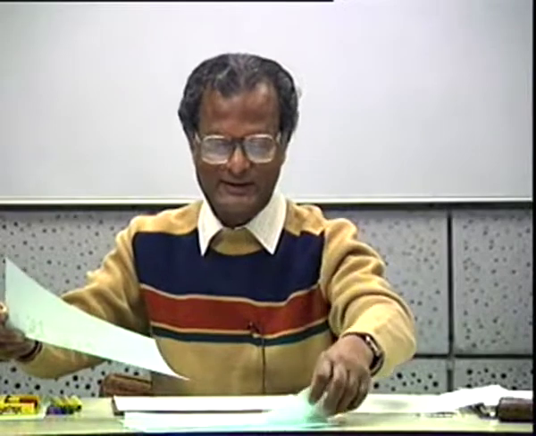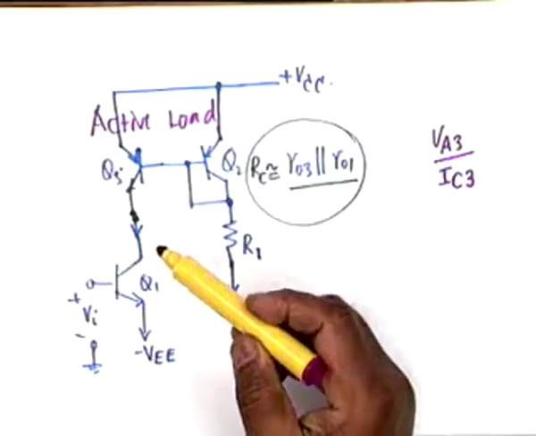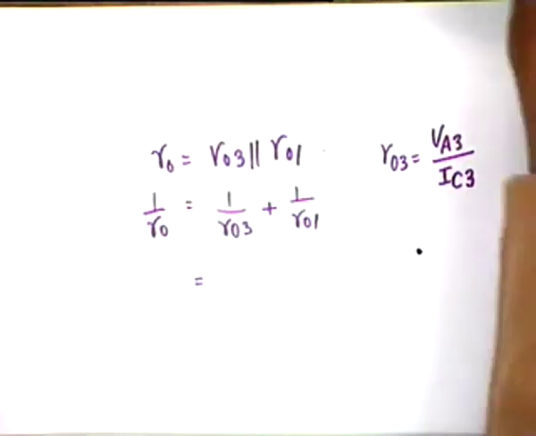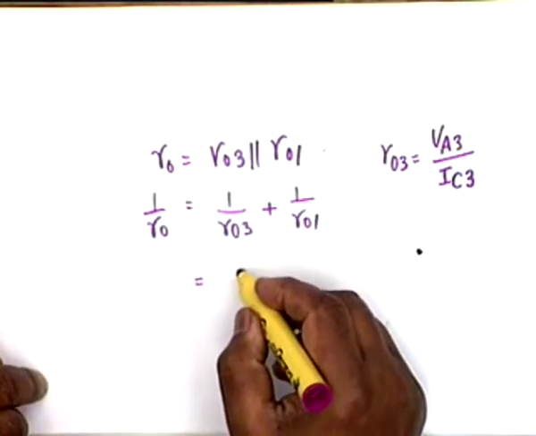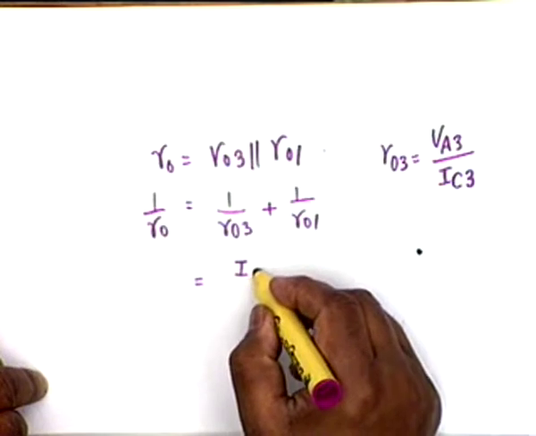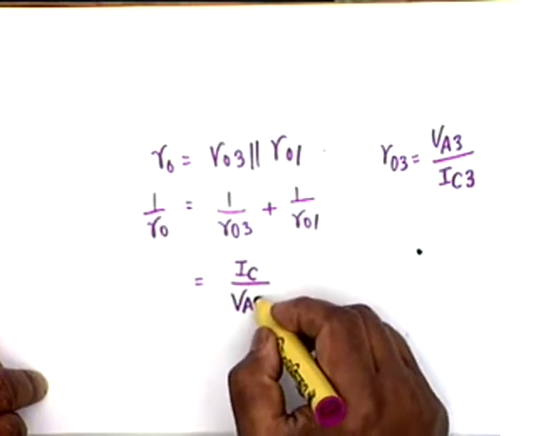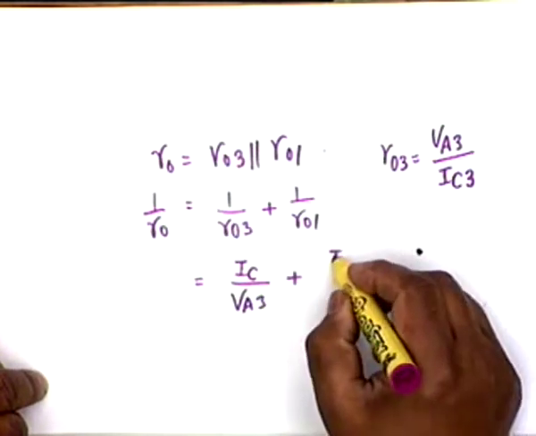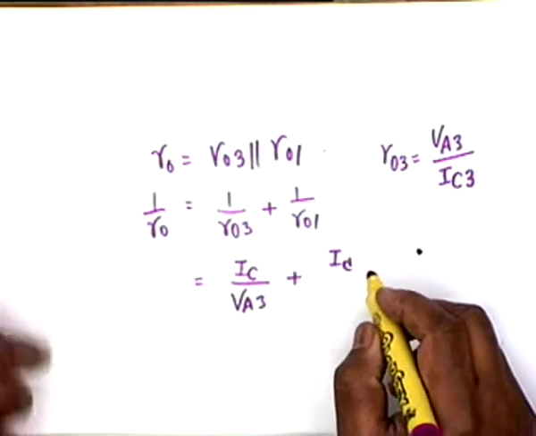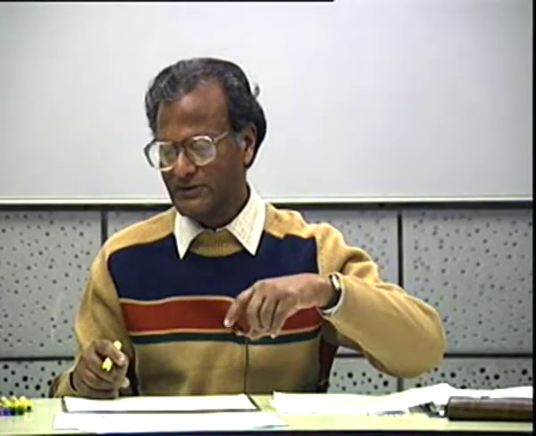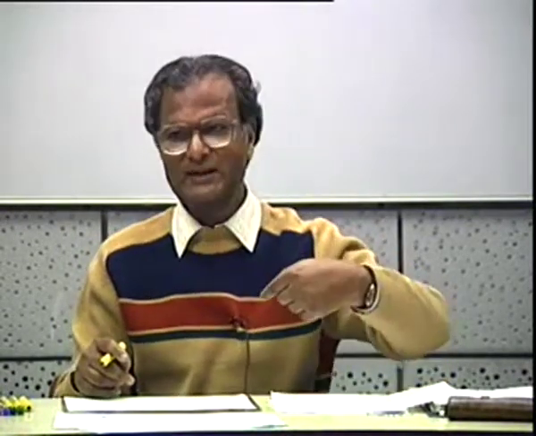I have to go back to this circuit. What is the relationship between IC1 and IC3? They are identical. Okay? Therefore, I can write this as I sub C divided by VA3 plus I sub C divided by VA1, where I sub C is IC1 or IC3. Is that okay? That's correct, because they are in series, the same current flows.